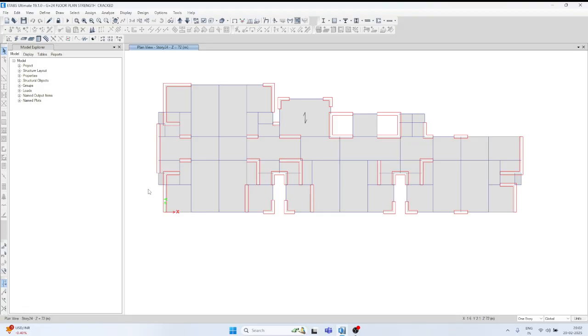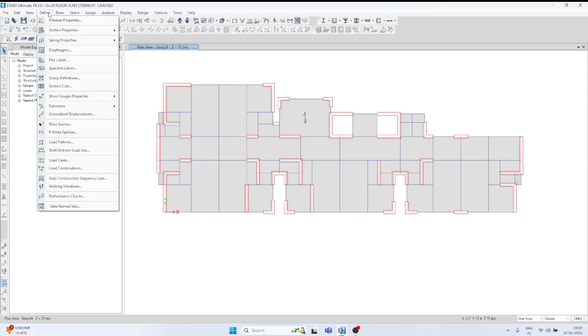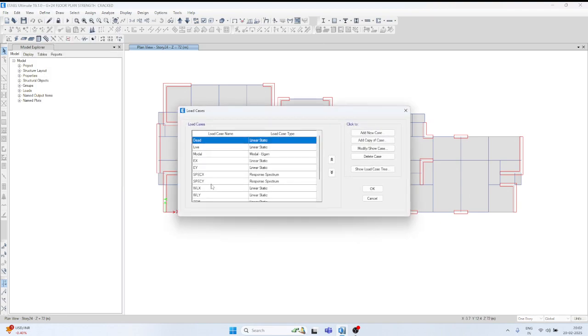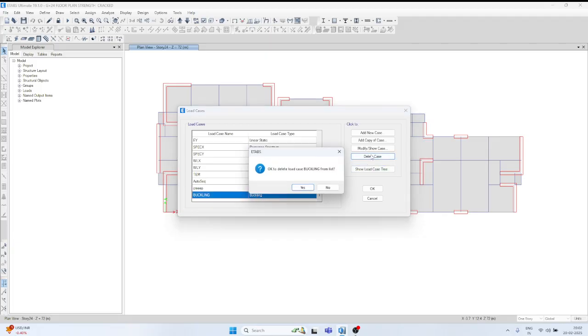Let us check. Firstly, to apply the buckling we have to go to Define, and in Define go to Load Cases. Here buckling already exists, so just delete it and we'll create a new one.